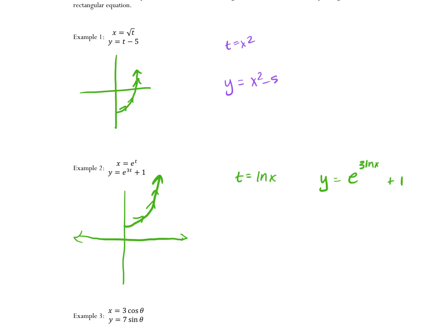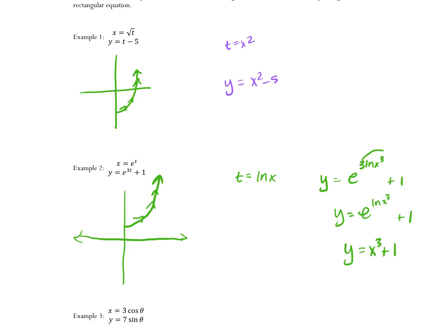Okay. And then from there, I think this might be a push, like you wouldn't think to do it, but I would move that exponent, that 3, up on top of that ln of x. So now you have y equals e to the ln of x cubed plus 1. And there's a log property that e to the ln cancel each other out. And you've got y equals x cubed plus 1.